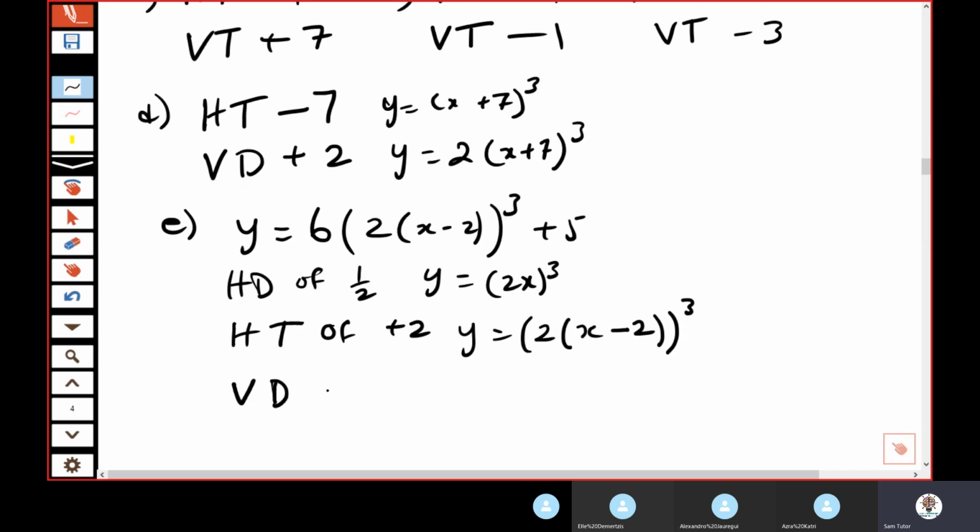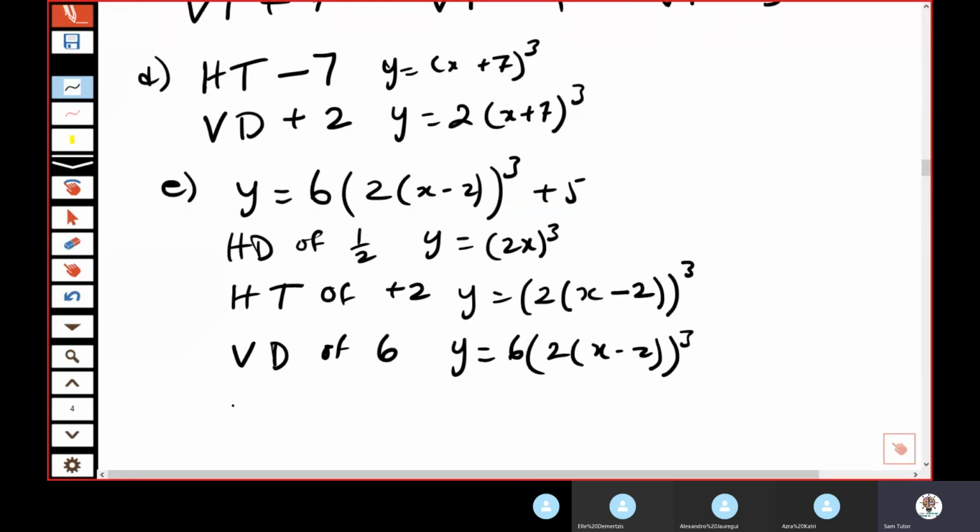So that's a vertical dilation of 6. And then we've got a vertical translation of 5. Done.